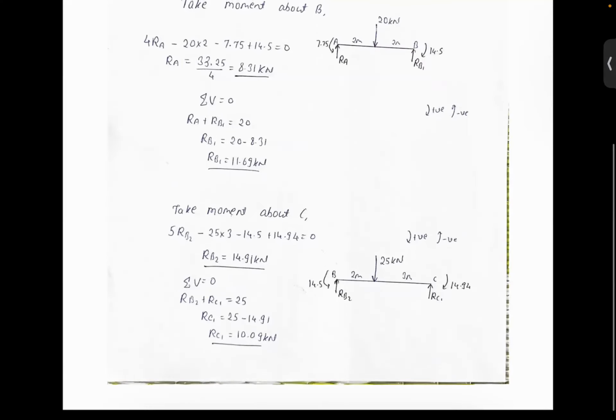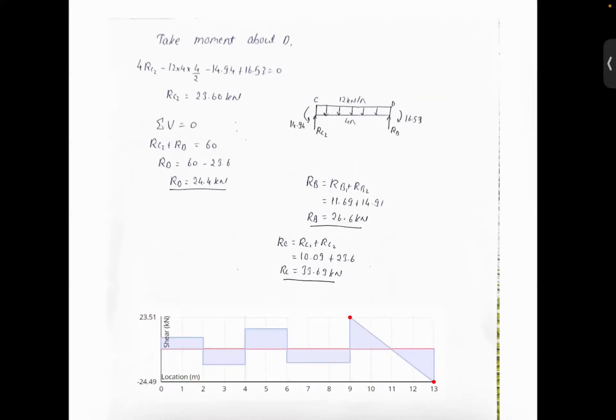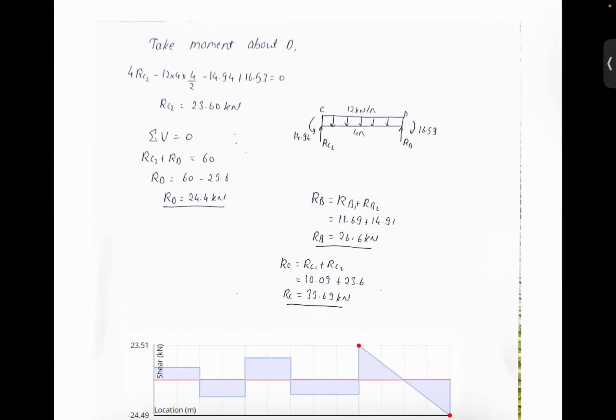Similarly, to calculate the partial load at B, we will take the moment about C. And then to calculate the partial load at C, we will do summation V equal to 0. Also, we will take the moment about D to calculate the partial reaction at C, and then we will calculate the reaction at D. So this is how we got the reactions at A, B, C, D.